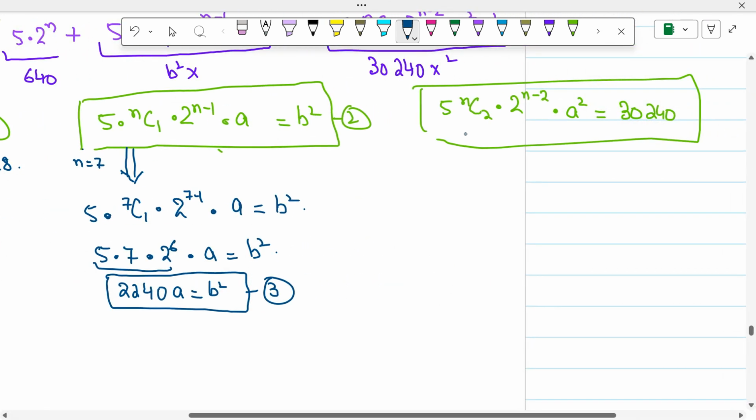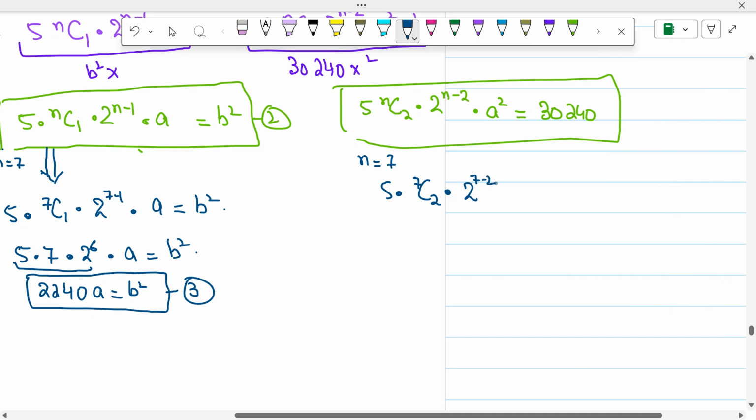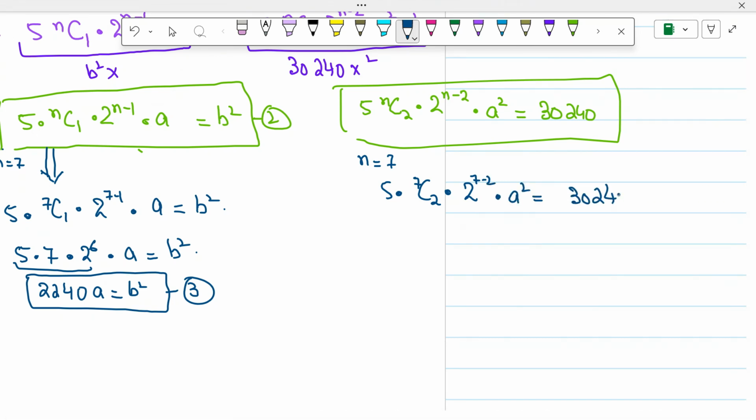Now again we plug n equal to 7 into this equation, so we will have 7 combination 2 times 2^(7-2) times a² is equal to 30,240.